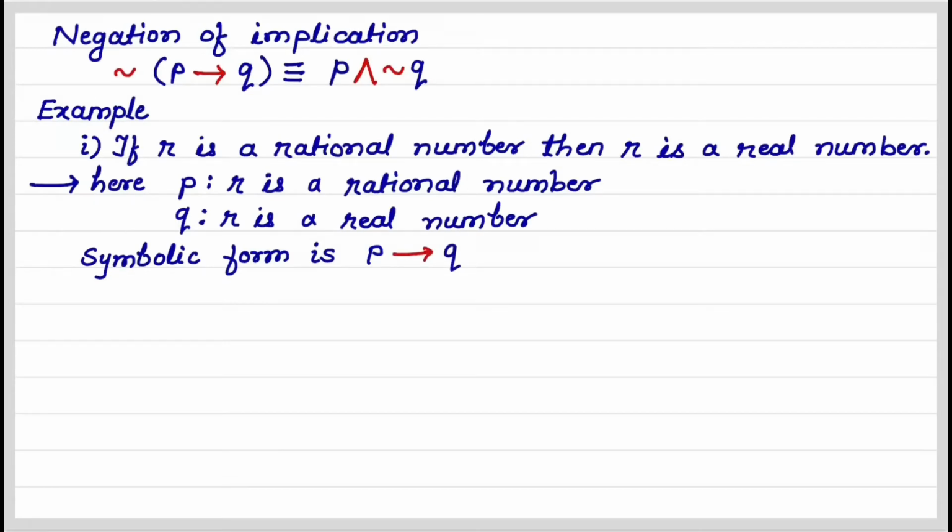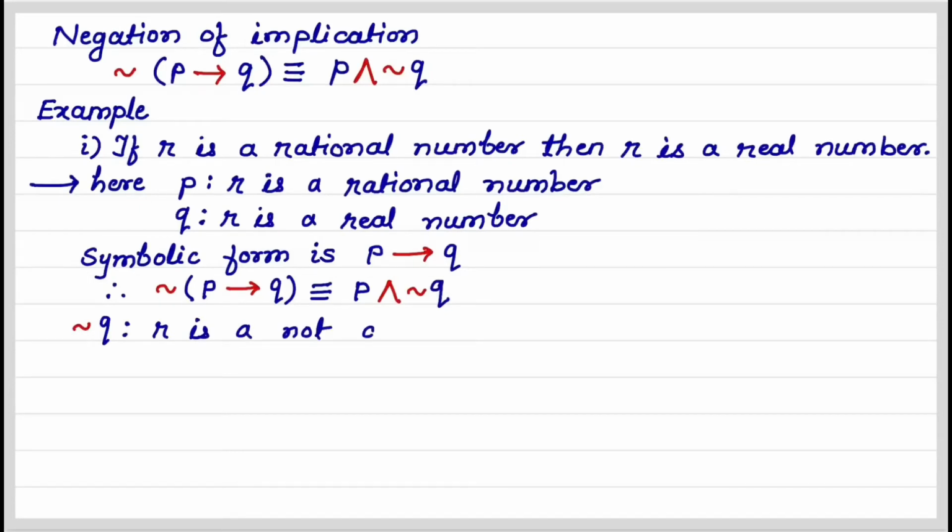And as we know, negation of implication is equivalent to conjunction of first statement and negation of second statement. Negation of P implies Q is equivalent to P and negation of Q. We require negation of Q. Here Q is R is a real number, so its negation is R is not a real number.